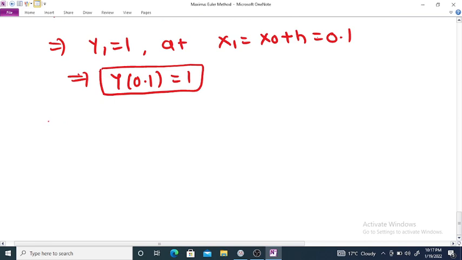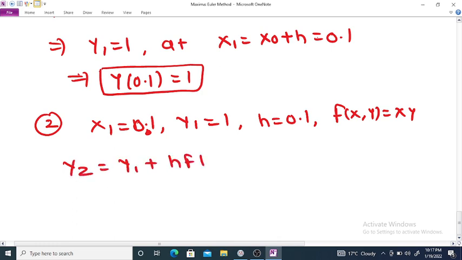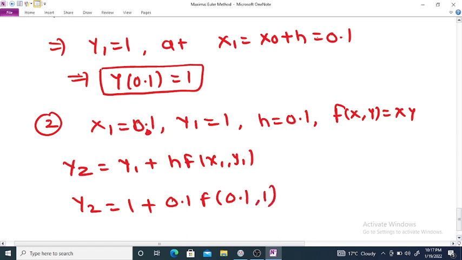Now for the second iteration, x1 is equal to 0.1 and y1 is equal to 1. Again h is the same, 0.1, and f of xy is equal to x into y. So by using this information we can write y2 as y1 plus h f of x1 y1. So y2 is equal to 1 plus 0.1 into f of x1, that is 0.1, and y1 is equal to 1.